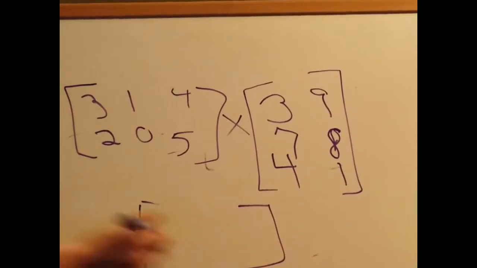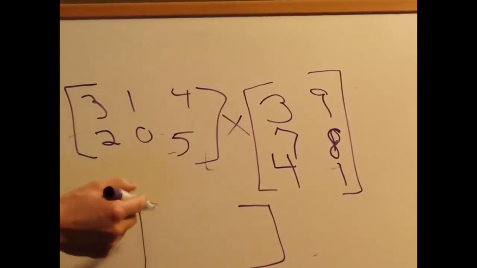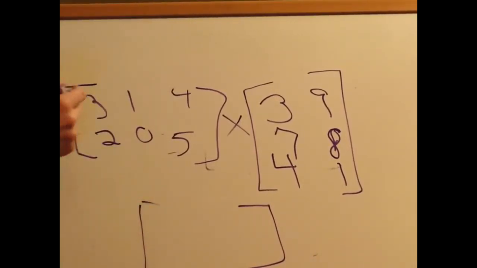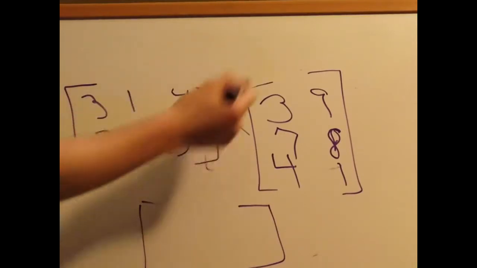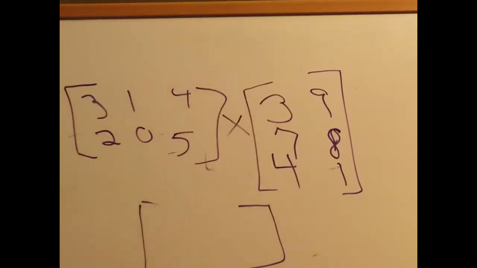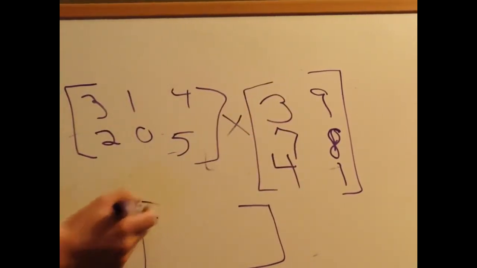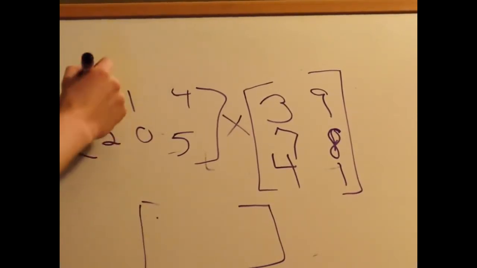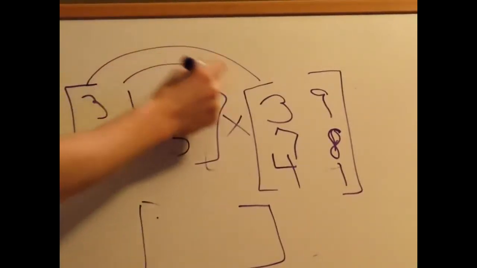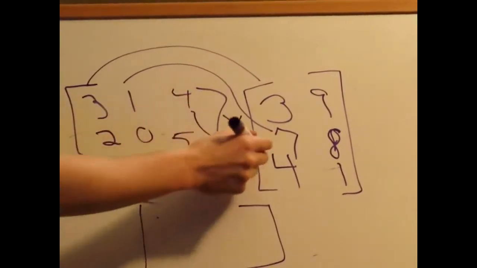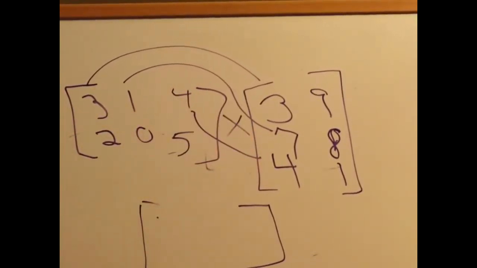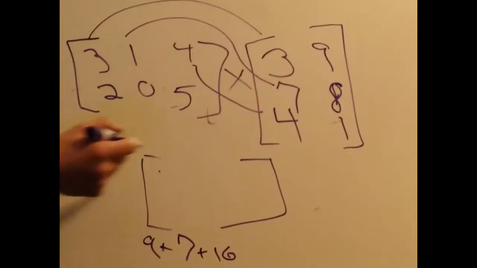Our final matrix will have its first grid box filled in with the first row multiplied by the first column and added together. So, this spot right here is going to be 3 times 3, 1 times 7, and 4 times 4. So, 9 plus 7 plus 16 will give us the spot in our first block.